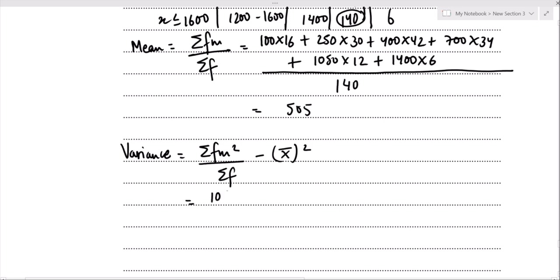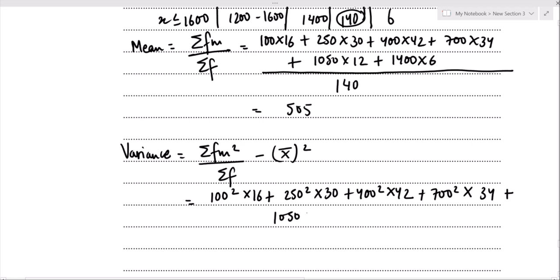That's going to be 100 square into 16 plus 250 square into 30 plus 400 square into 42 plus 700 square into 34 plus 1050 square into 12 plus 1400 square into 6 divided by summation f, which has the value 140, but we also need to deduct the mean squared.